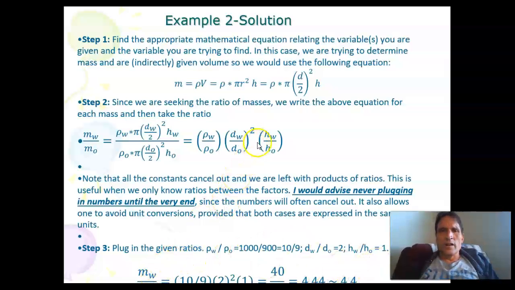Well, let's look. It depends on the ratio of the square of the diameters, and we know that the diameter of the water cylinder is twice the diameter of the cylinder containing oil. And when you square that, that's 4. So based on diameters alone, we should have about 4 times more mass of water than we do of oil. The heights are the same.